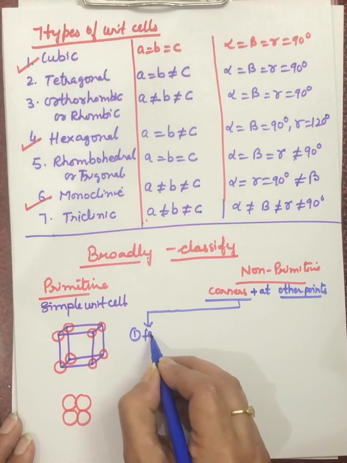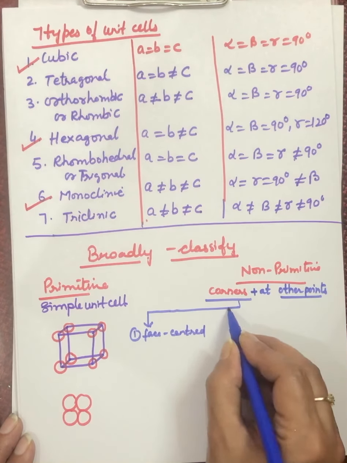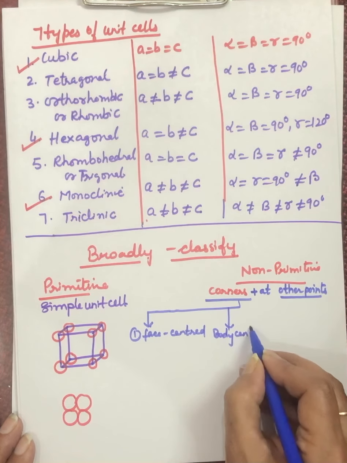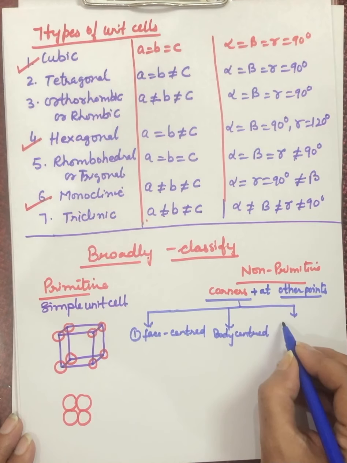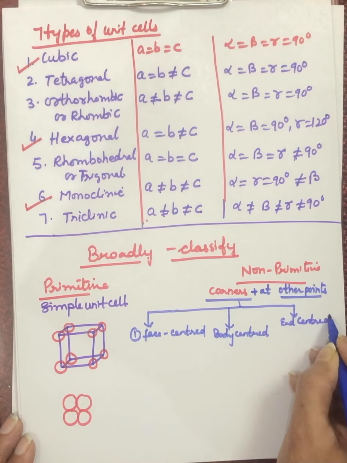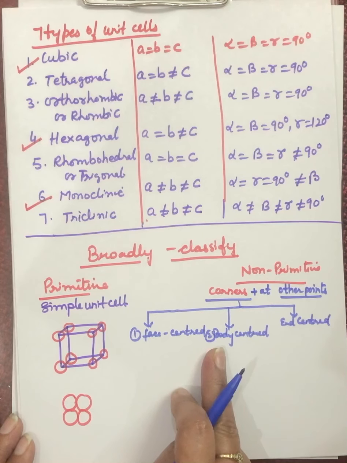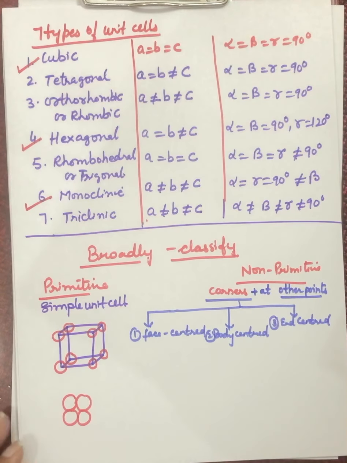First is a face-centered unit cell. Second is a body-centered unit cell. And third one is end-centered unit cell. In this chapter, we come across the simple, face-centered and body-centered unit cell. End-centered, we just need here to define it.